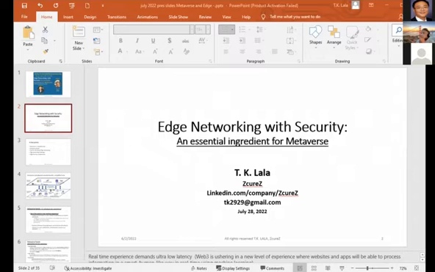So a few things that I would like to discuss: first, I'll give you a very simplified view of my structures here for the metaverse, how the metaverse could be supported by the technology underneath.